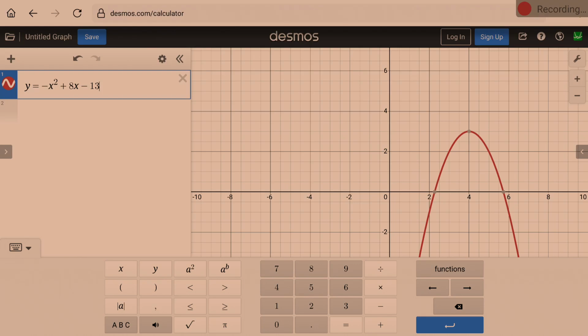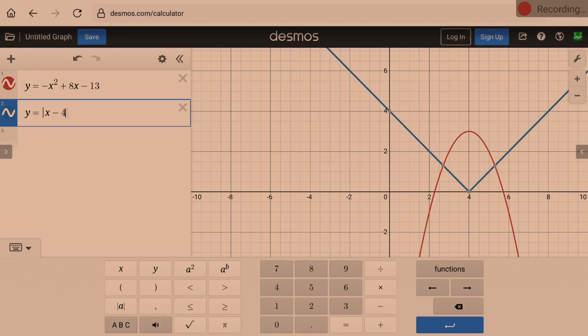And then you can hit enter and go down to the next line or open a new line. Let's see, where's absolute value? Well, okay. Y equals, absolute value is right here, yes? And then it's x minus 4. And then you can tap outside of it or arrow outside of it. And there you go. Does your graph look similar to my graph? It should, right? Okay. This isn't anything new. We've graphed using Desmos this year already.